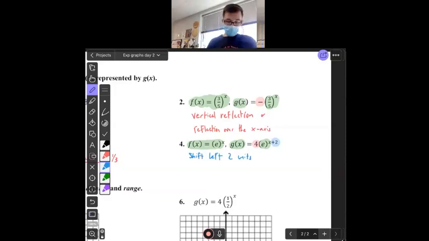That'll be a vertical stretch. Yep. It's not by 4 units, by a factor of. So shifting gets units, stretches and compressions get by a factor.